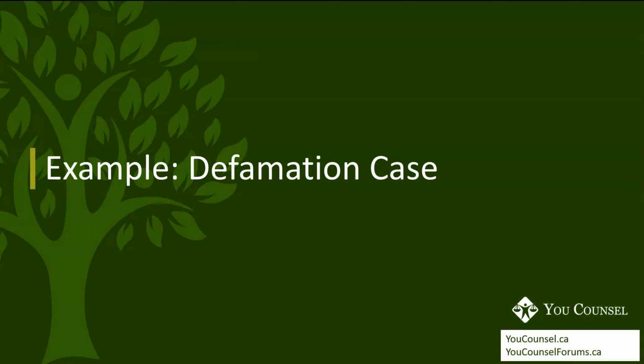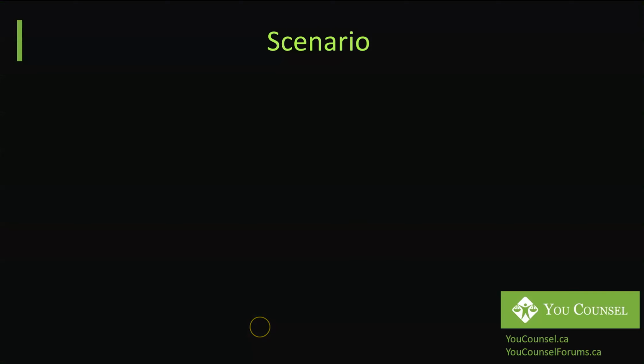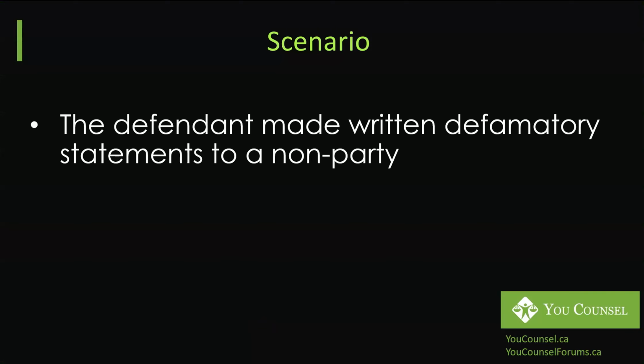I will explain today's rules by way of an example, and we'll take the example of a defamation case. Let's say you have sued a party for making defamatory statements against you, and your understanding is that some of the defamatory statements were made in writing to a non-party.